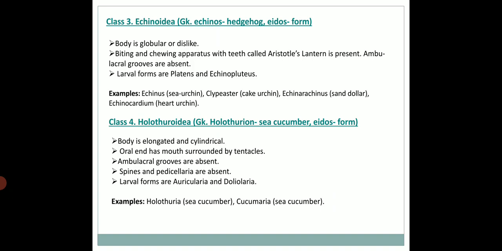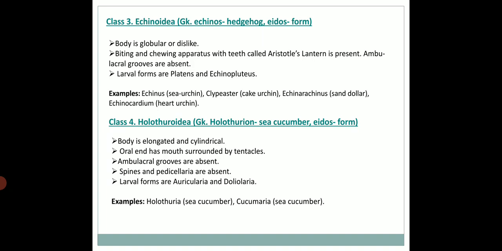Next one, Echinoidea: echinus means spiny skin, and the body is globular or round in shape. Biting and chewing apparatus with teeth, which looks like the Aristotle's lantern, is present.